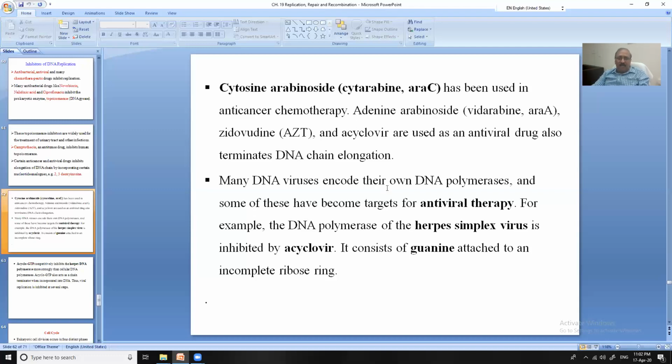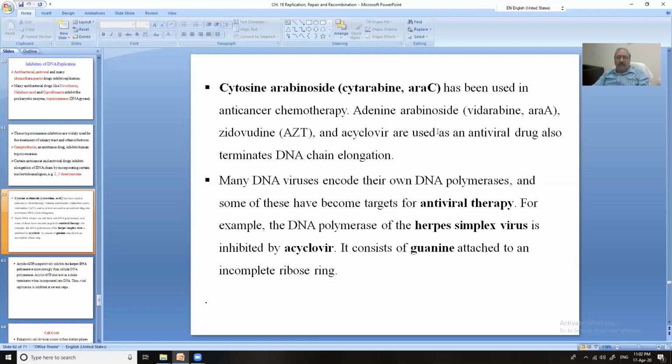Some of these viral polymerases have become targets of antiviral therapy. For example, the DNA polymerase of the herpes simplex virus is inhibited by acyclovir. It consists of guanine attached to an incomplete ribose ring.